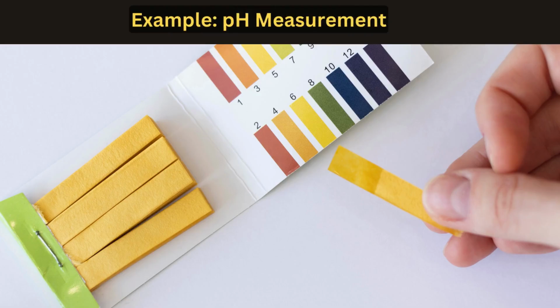For example, checking the pH of any solution, like the pH of water, the acidic and basic nature of solutions. How acidic or basic is any chemical, whether water is suitable for drinking, or the pH of water in a swimming pool is checked to see if it's good for swimming or not.